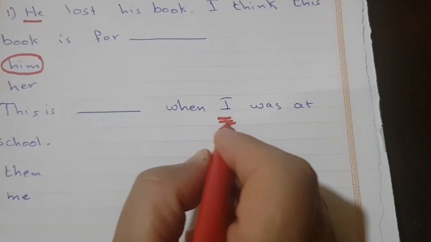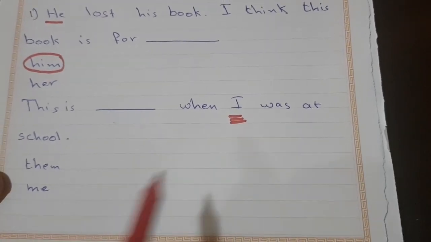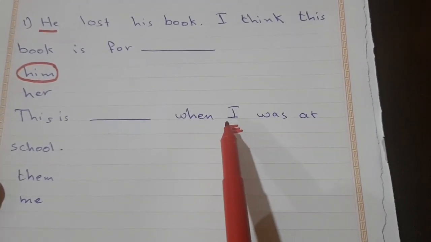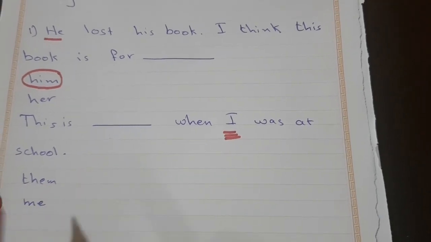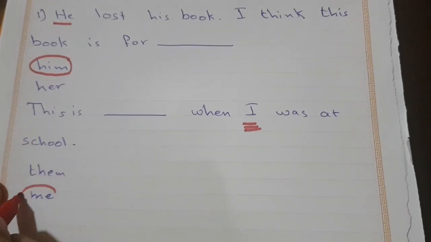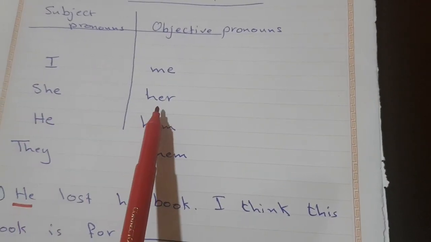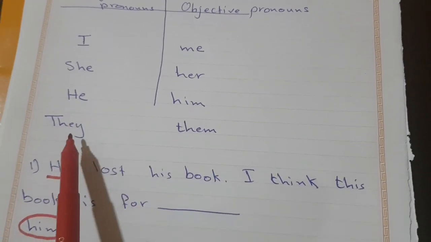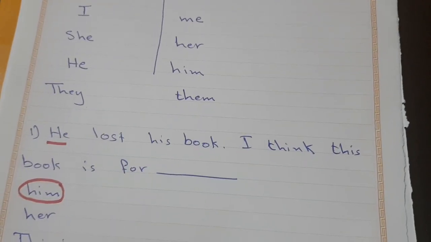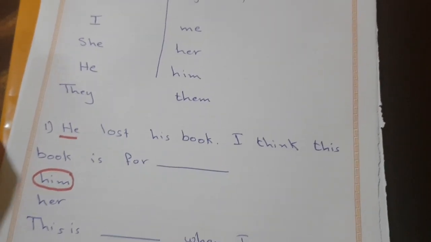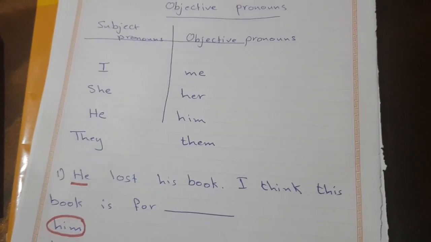I'm talking about I. So, what is the objective pronoun for I? Them or me? This is me. Study them carefully. I, me, she, her, he, him, they, them. In this way, we have finished Unit 13. Now, let's start with Unit 15.